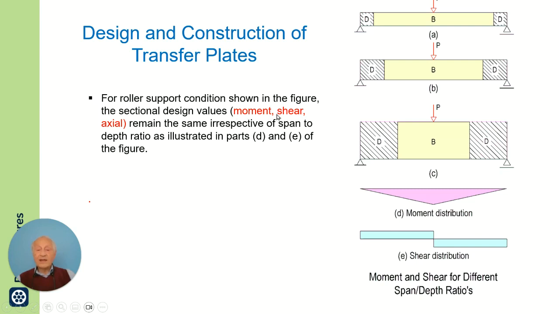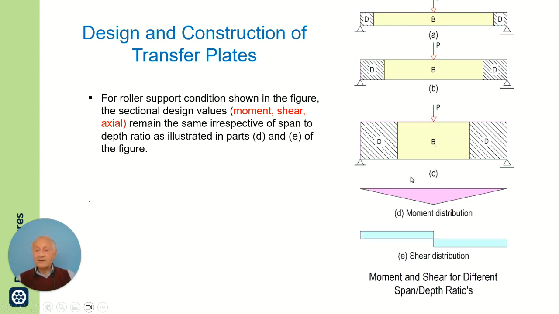The moment and shear axial remain the same irrespective of span to depth ratio as illustrated in parts D and E. What I'm trying to say is, here is the force demand. In this configuration, the force demand, which is bending and shear, will be the same as if it were a thin plate or thick plate.